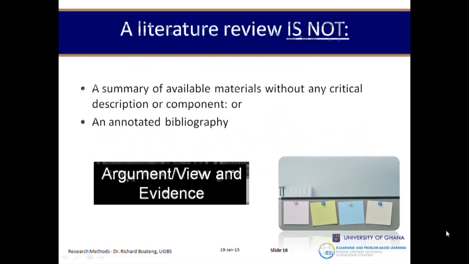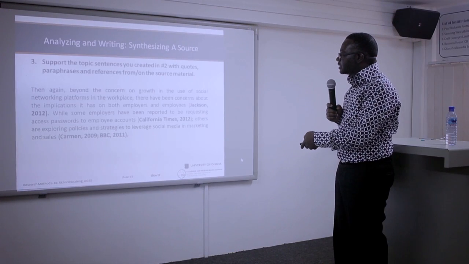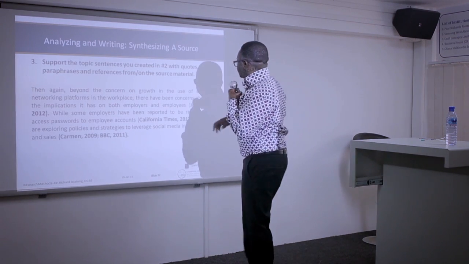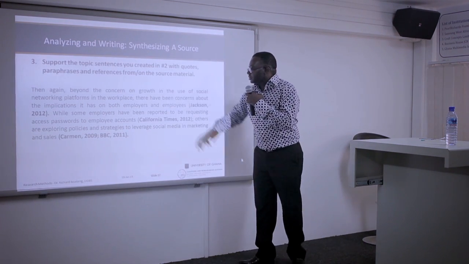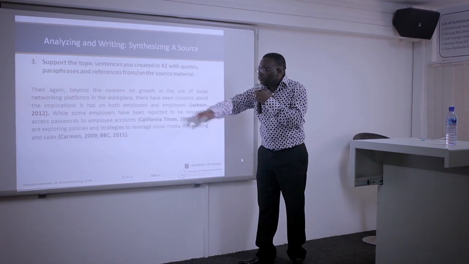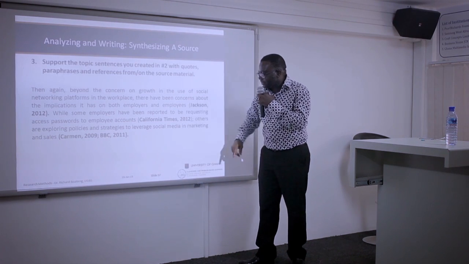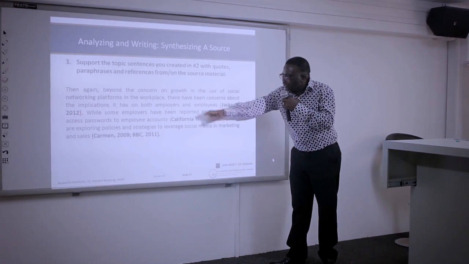Okay. So what you realize here is that a literature review is not just a summary of available resources. It's more about argument, evidence, and illustration. Look at it. An argument is here, evidence is here, and illustrations are here. While some, others: these are illustrations of this one.